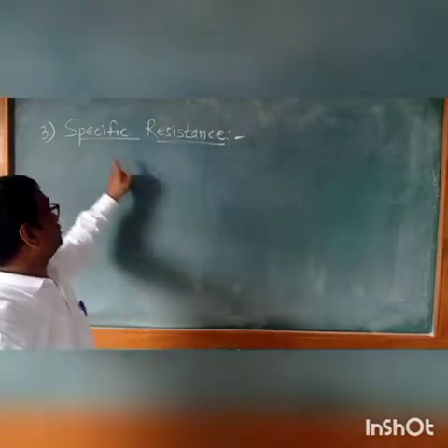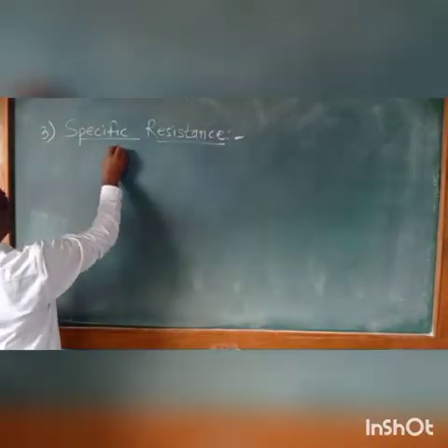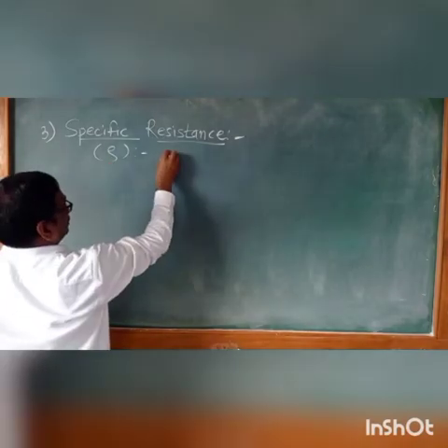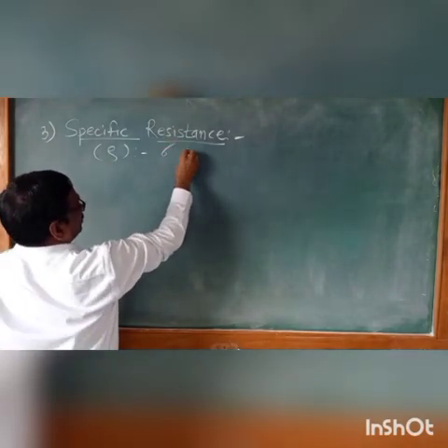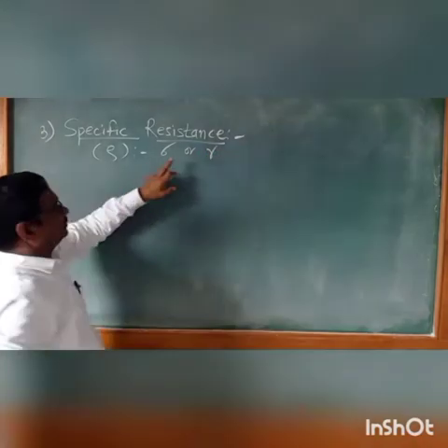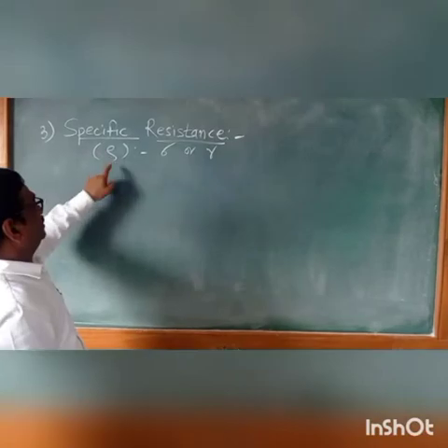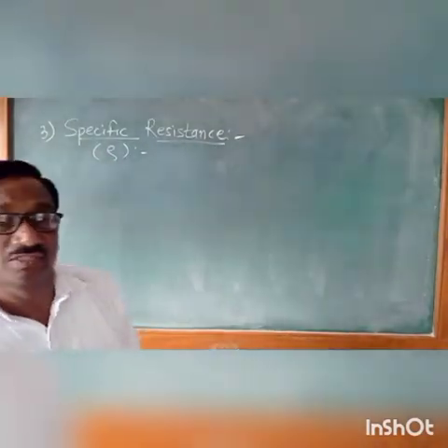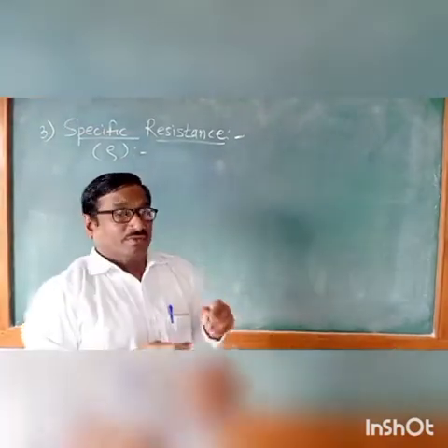Specific resistance is denoted by rho, or by some other symbol, or by R. Rho, sigma, these are the notations used by different books. But remember, rho is nothing but the specific resistance.